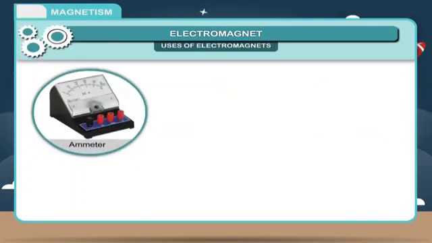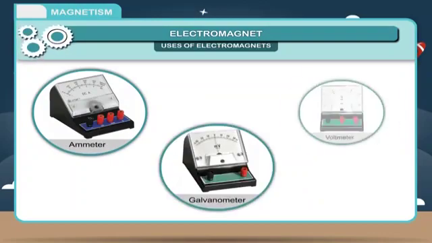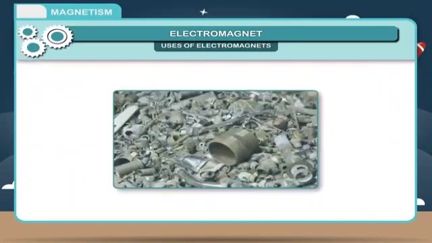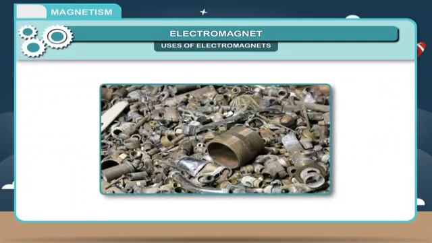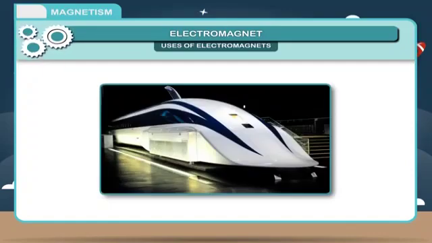Electromagnets are used in instruments like ammeter, galvanometer, and voltmeter. 4. Electromagnets are used to separate iron and steel objects from a heap of metal scrap. 5. Magnetic levitation, maglev. These are special trains having electromagnets fixed at the base.